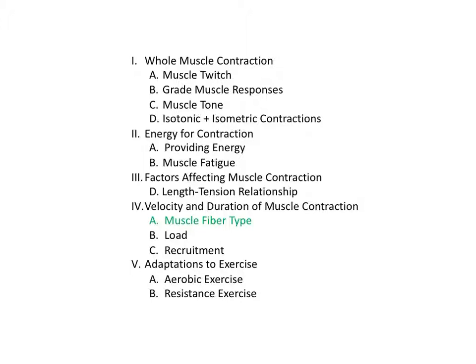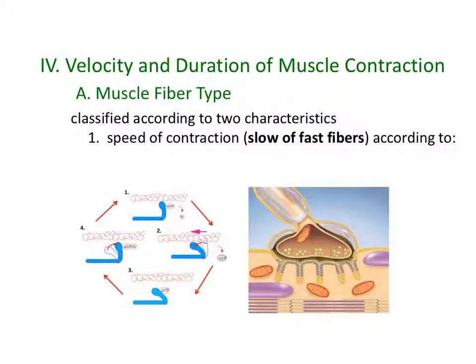So our first topic we'll cover within this area is talking about differences in muscle fiber type. So muscle fibers can be classified based on around two characteristics, the first of which is the speed of contraction. So there are slow and fast fibers, and they are classified based on the speed at which myosin ATPases split ATP.